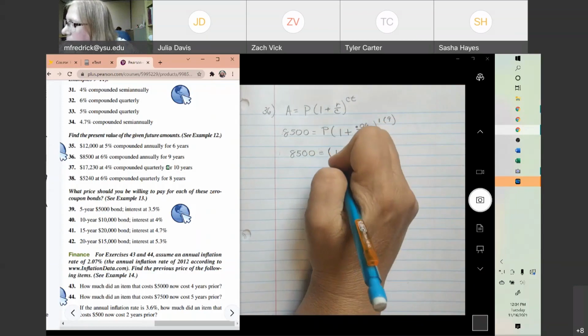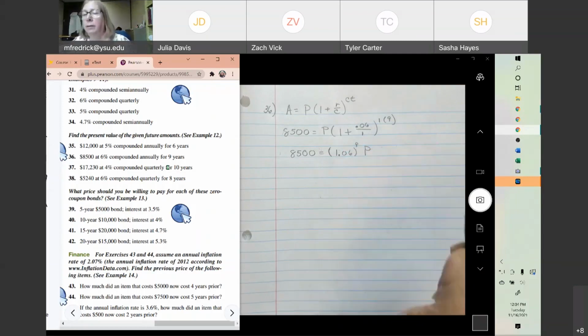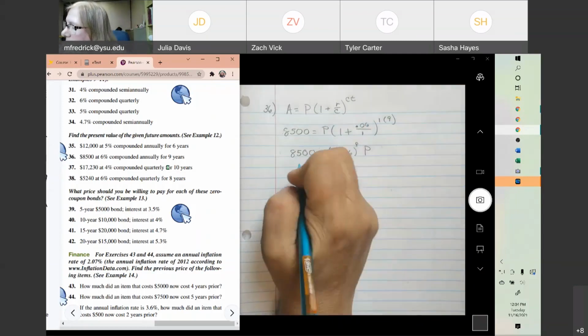We combine the inside, 1.06 to the 9th. Then we can divide by it before we get the decimal.